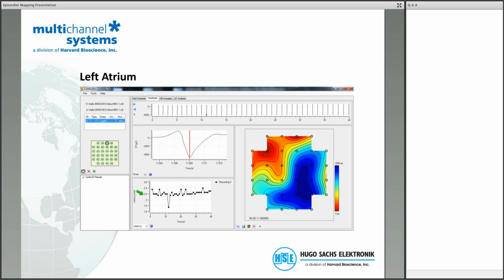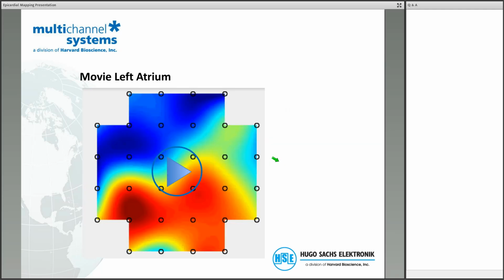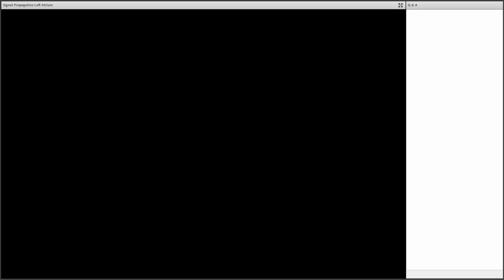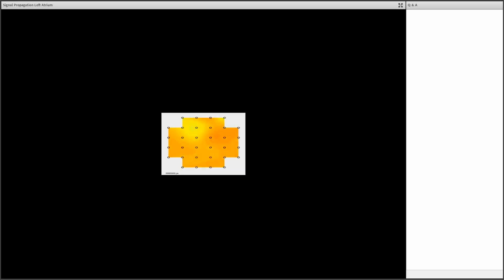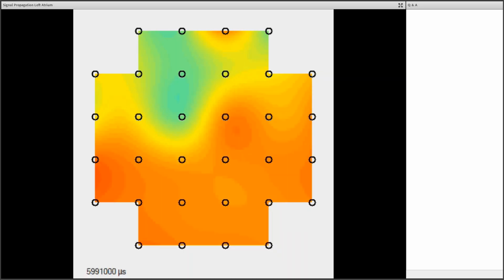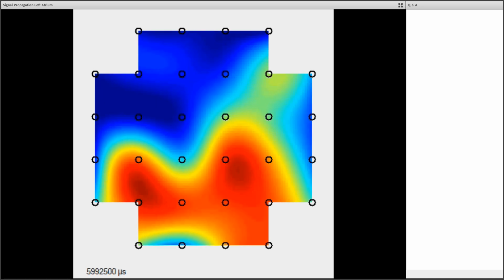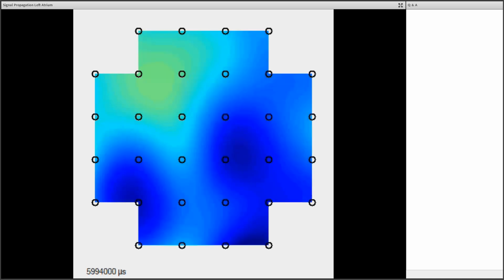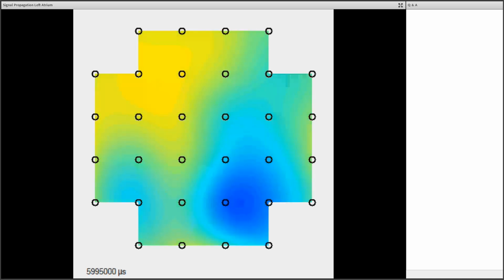And I do not want to talk too much now about this false color map of the signal propagation, because I think when we look at raw data and at movie files from this preparation, it will become more clear. You can see in the title we are looking here at the left atrium, and you see how the signal is propagating over the array. Let me just point out what you see here to avoid confusion.